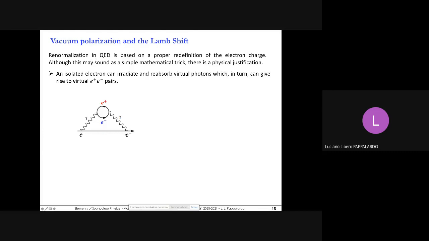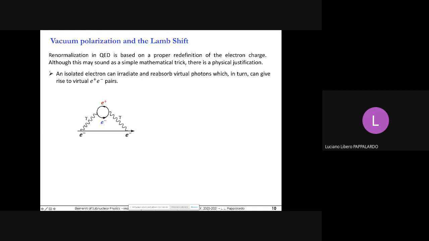So let's consider an isolated electron, a free electron. Now, within the uncertainty principle, the electron can always radiate a photon and then reabsorb it. But it can also happen that the photon, meanwhile, generates an e+ e- pair, which is then reabsorbed into the photon, and then the photon is again absorbed into the electron.